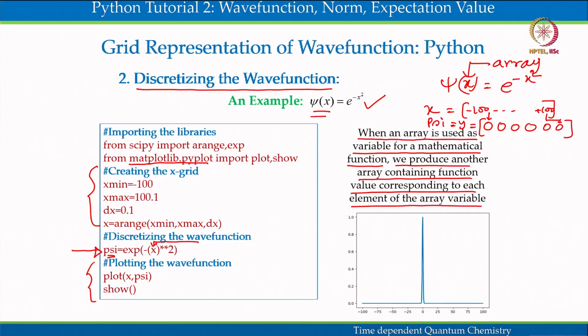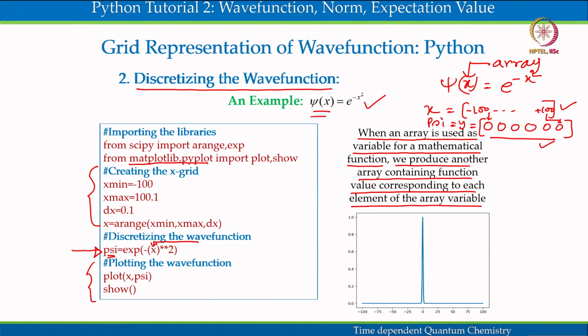So this psi is now an array. So both x and psi are arrays. The idea of discretizing the wave function is to prepare the array associated with the wave function on the grid points.